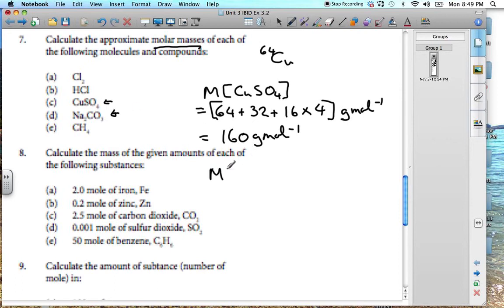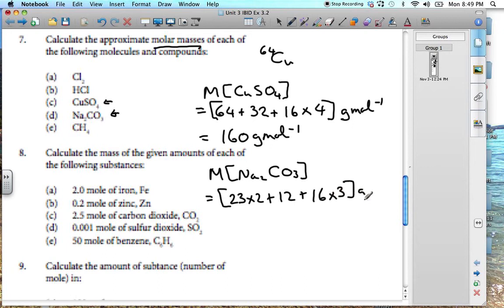Your molar mass of Na2CO3 would be the same thing. You've got your sodium, that's 23 times 2, plus the C here is carbon, that's 12, and then you've got O3, that's going to be 16 times 3, in grams per mole.